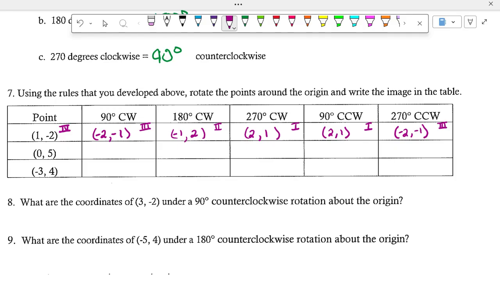So guys, a strategy that you might want to use when you're doing rotations, if you don't have a graph in front of you: maybe just, in the top corner of your paper, draw a little sketch. Be like, okay, this is quadrant 1, 2, 3, 4. And then just label what the points would be. So negative, positive, positive, positive, positive, negative, negative, negative.